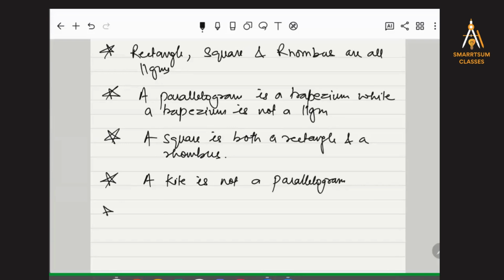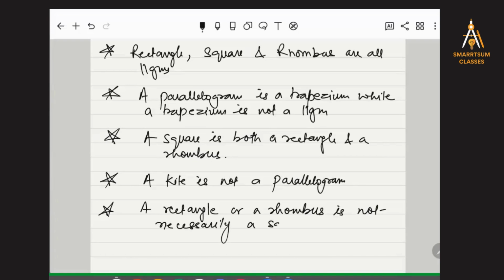Okay, and a rectangle or a rhombus is not necessarily a square, right? Square is a rectangle, square is a rhombus, square is a parallelogram, right? But rectangles, rhombuses, or parallelograms are not necessarily squares.